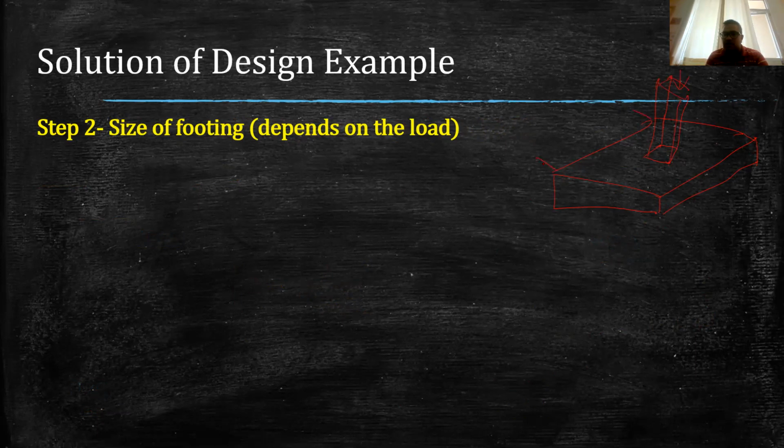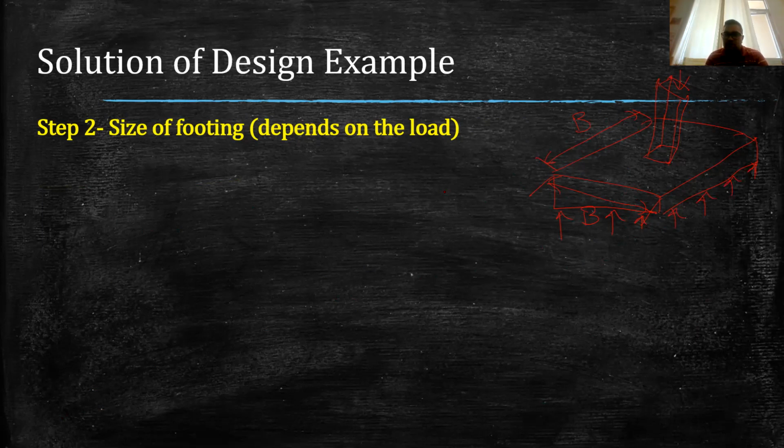So here we actually have to find out this plan dimension. What should be this value? So basically here we have to find out the area of the footing. Now here, because of this external load, soil will offer the reaction.